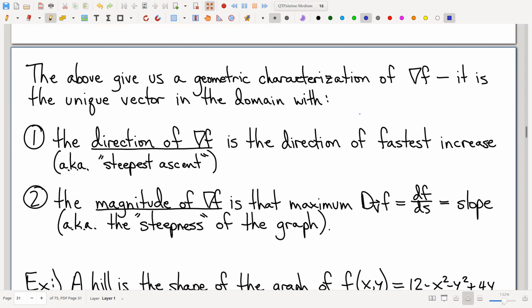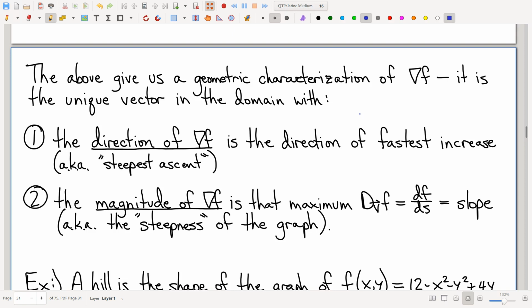The gradient has a direction and a magnitude, defined by its direction and its magnitude. As we just saw, the direction is the direction of steepest ascent, fastest increase. And the magnitude happens to be how fast the function is increasing in that direction. Pretty unexpected, right? When you write down a notational shorthand, you can't expect that it'll turn out to be something cool like this. So we got lucky.